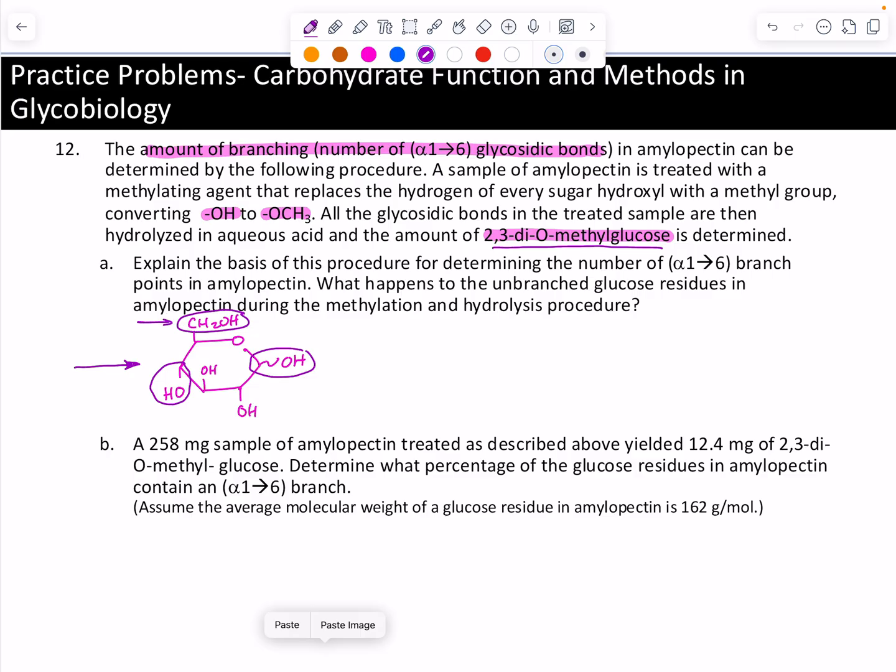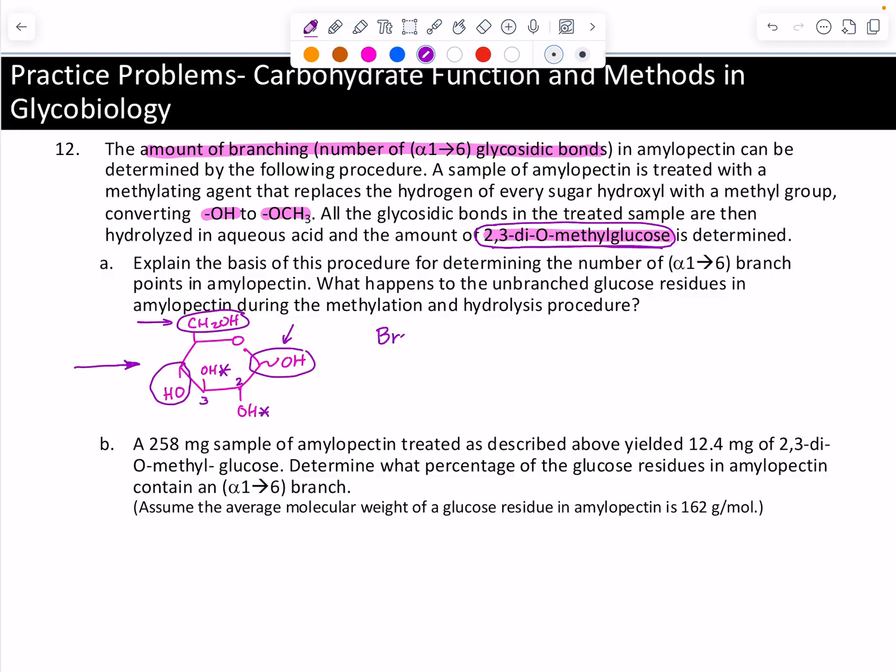So these three would be involved in glycosidic bonds, and they would not get methylated for the residue at the branch point. So only this one and this one. Okay, so that's why we're looking for the amount of the 2,3, because this is carbon 2 and this is carbon 3.